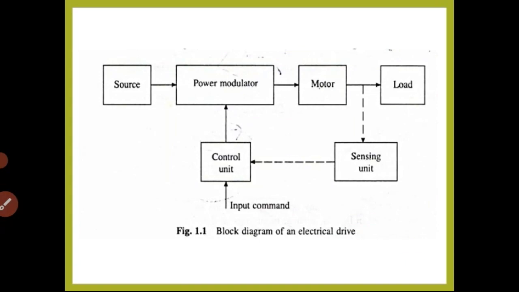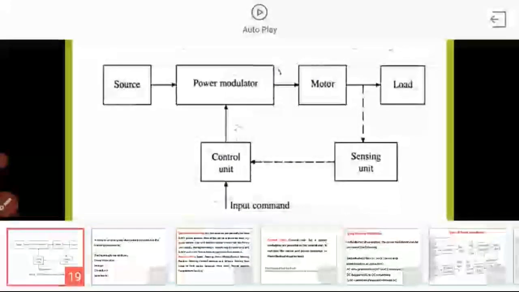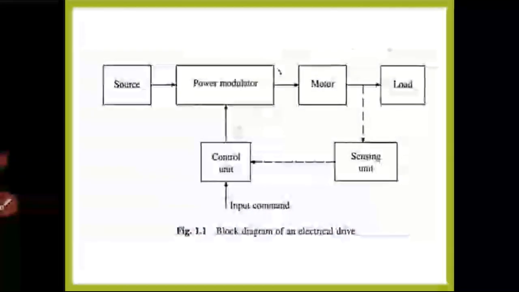So I will conclude here that the source may be either AC or DC depending upon your application. If the motor is AC and the source is DC, the power modulator's job is to convert DC to AC. The sensing unit senses a number of parameters. Here I have explained one example, sensing the speed, how it will be sensed.